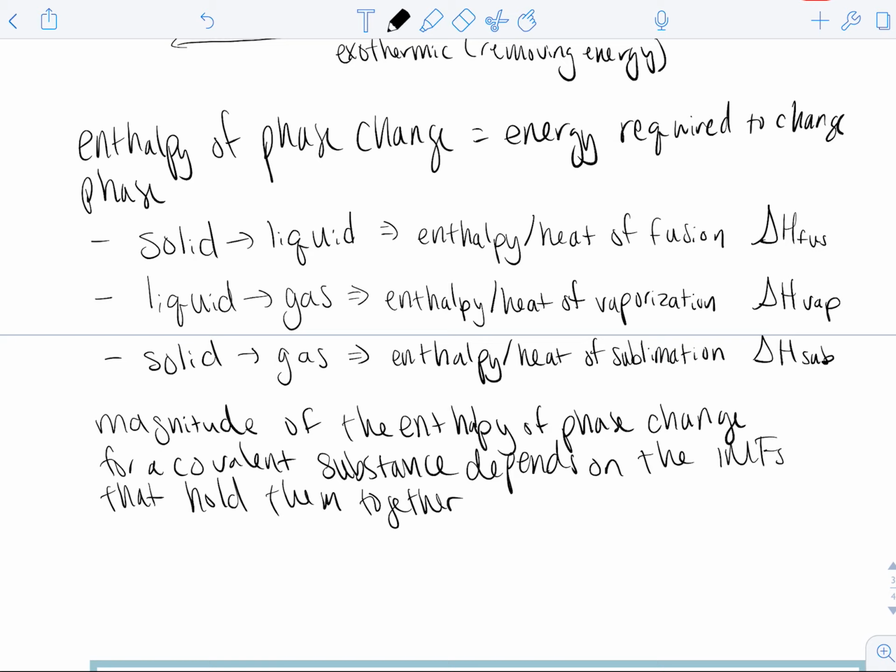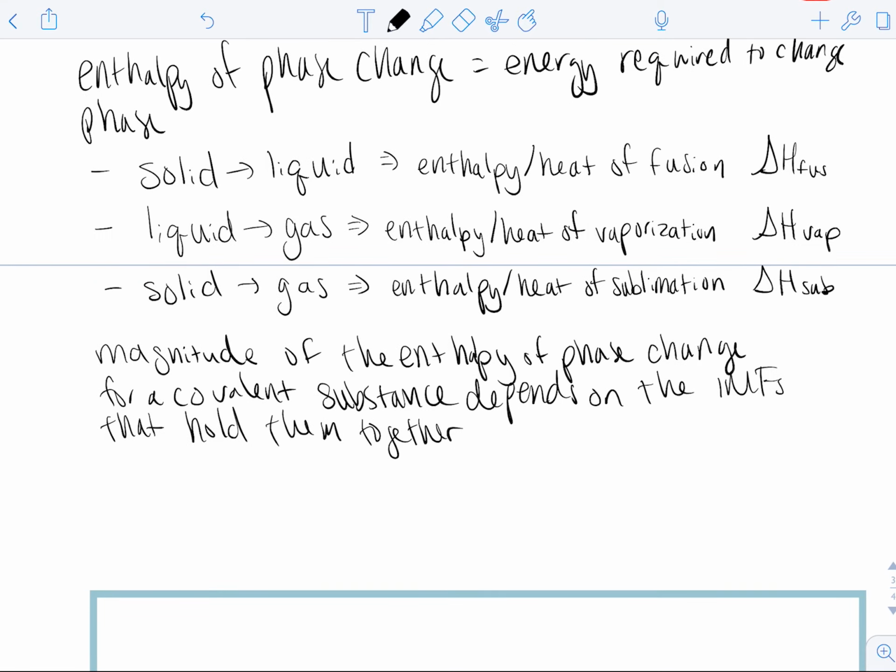Okay, so looking at these energies, we're going to actually do calculations for these energies in a different video, but we are going to look at what's called a heating and a cooling curve to actually put all of these ideas into place to look at the energies and temperatures of phase changes within a substance.